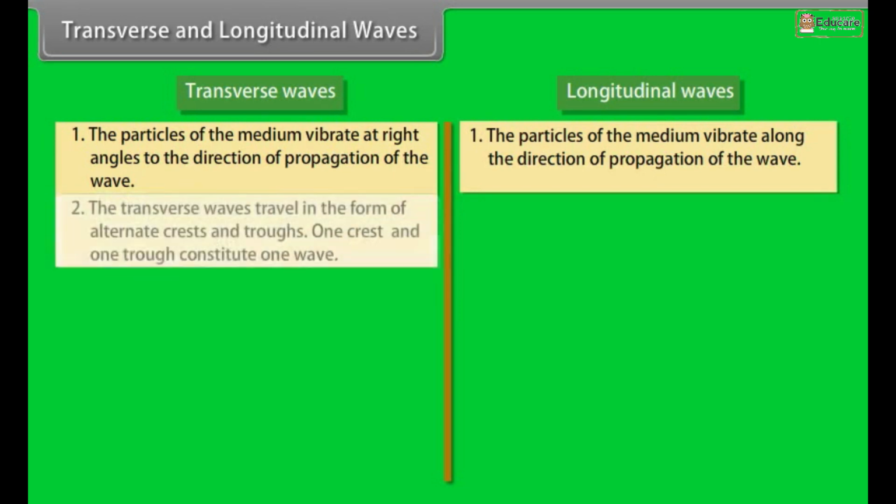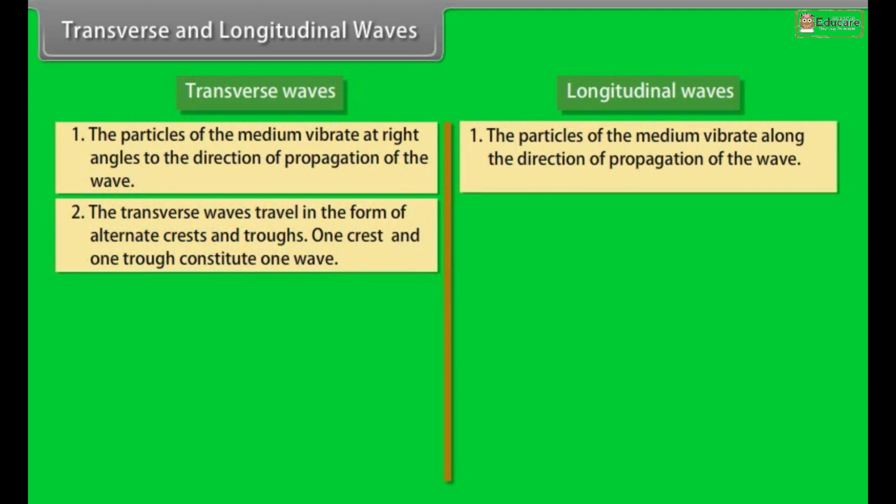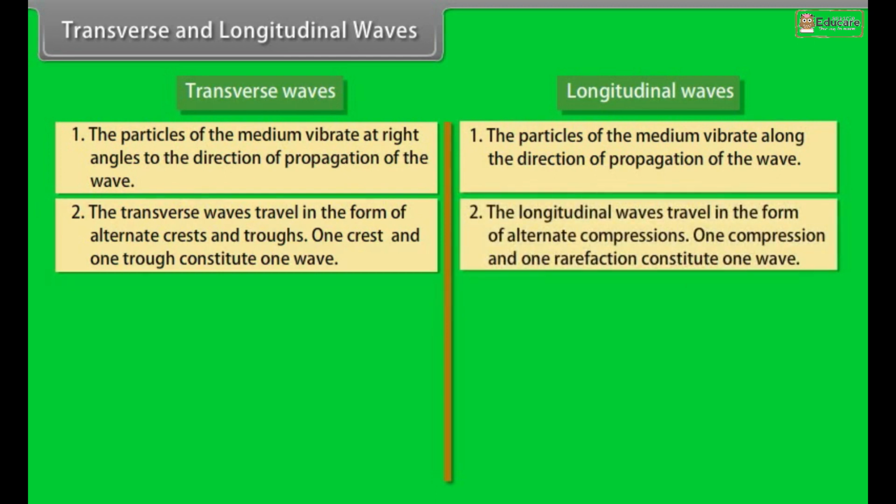Number 2. The transverse waves travel in the form of alternate crests and troughs. One crest and one trough constitute one wave, whereas the longitudinal wave travel in the form of alternate compressions and rarefactions. One compression and one rarefaction constitute one wave.